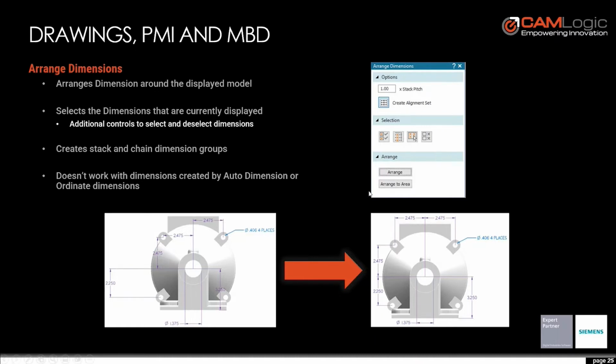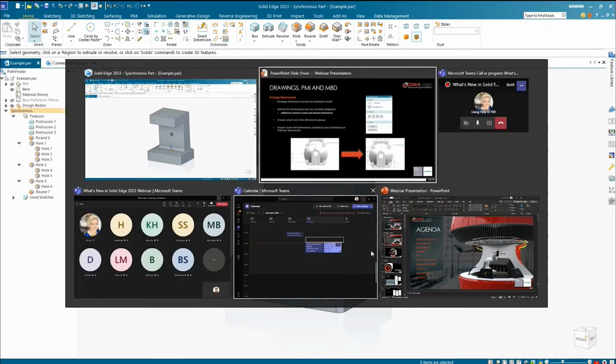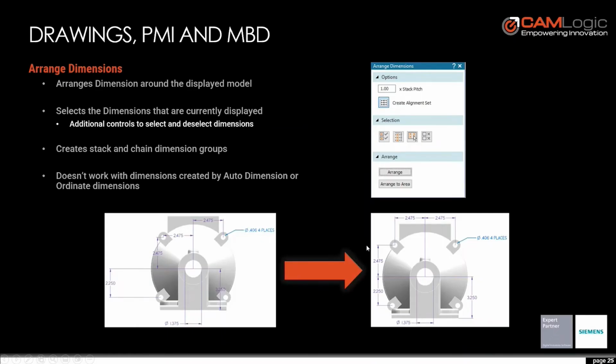And then there's also this arrange to area where you do a fence select, and then you are able to keep the dimensions out of the area you created, rather than just outside of the part.